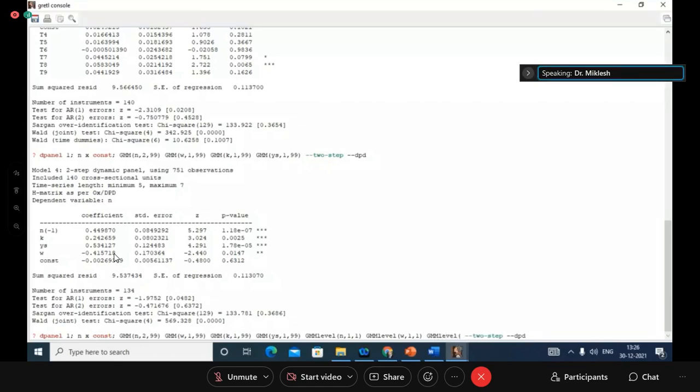Though the command is lengthy, it is very easy. k comma 1 comma 1. gmmstyle level. Then ys comma 1 comma 1. And then you have to write xtdpd dash system.